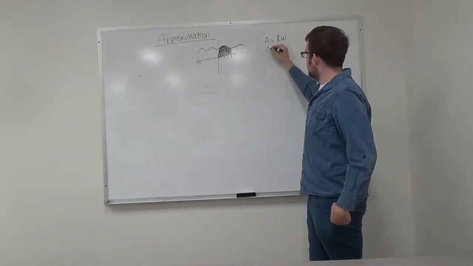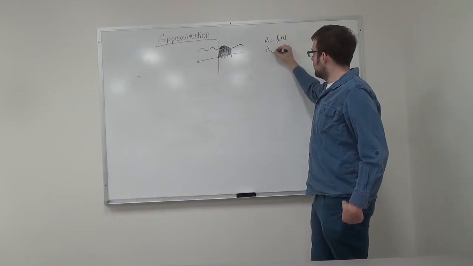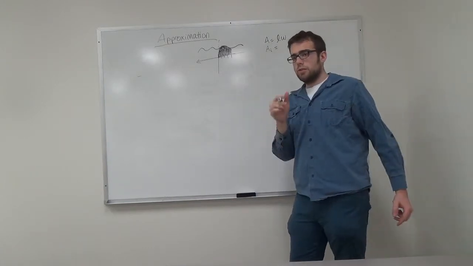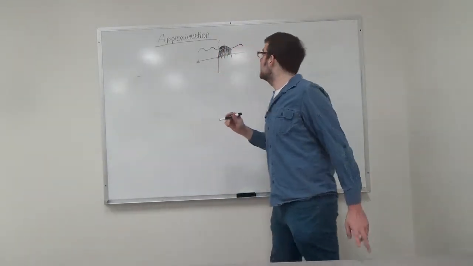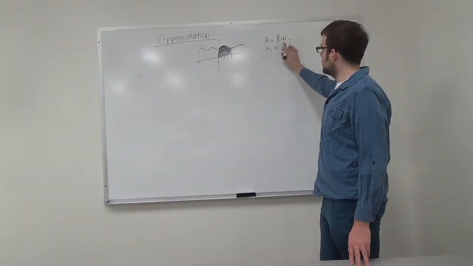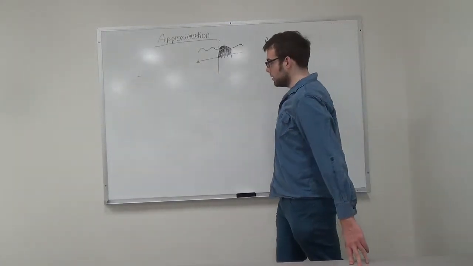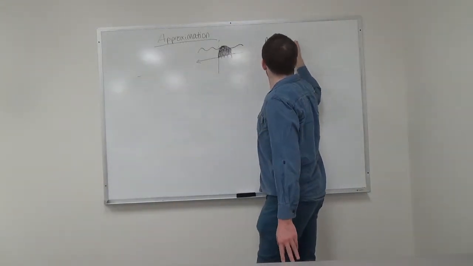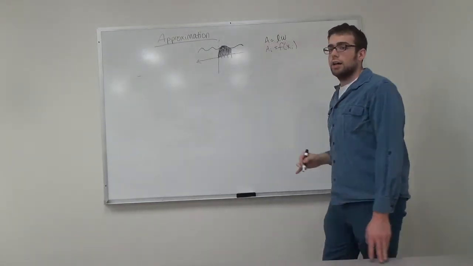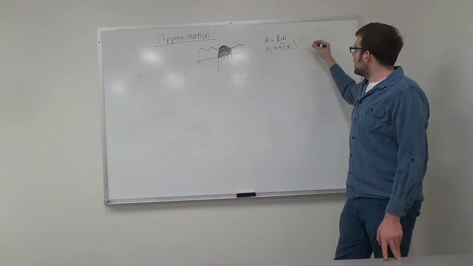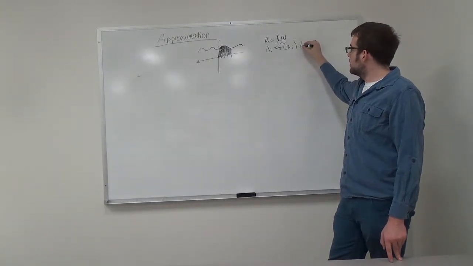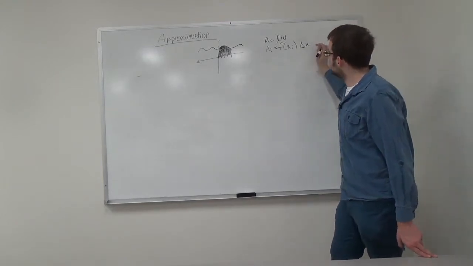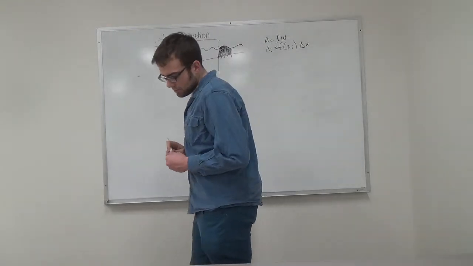Here, the area of a given rectangle, we're going to call each rectangle i, is equal to, okay, so let's call the width f of x i, and the length some delta x, delta x i.